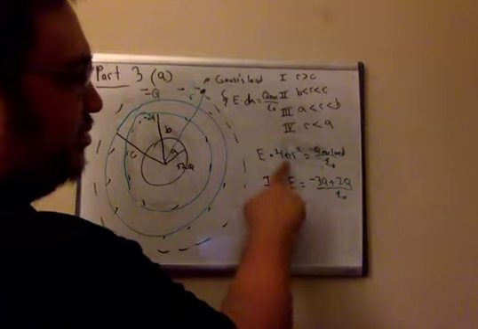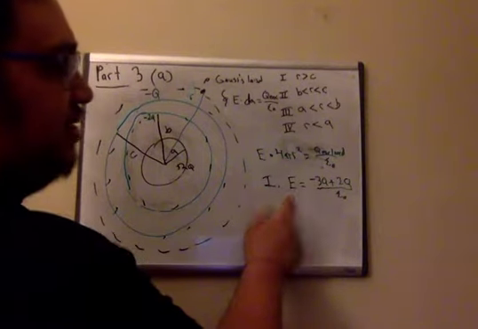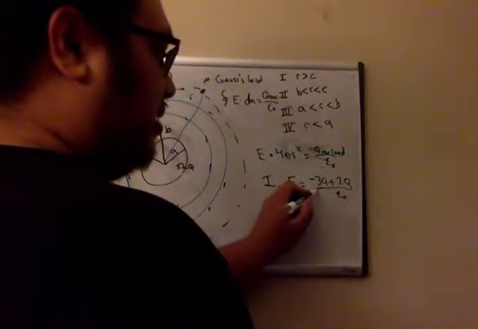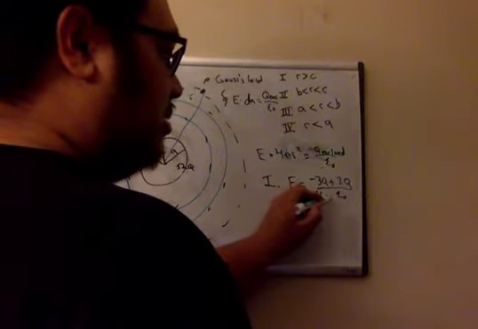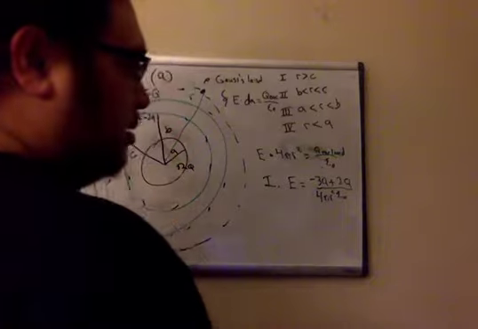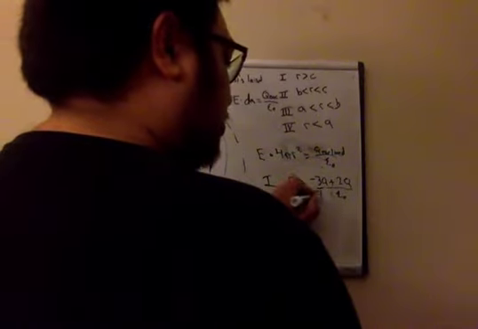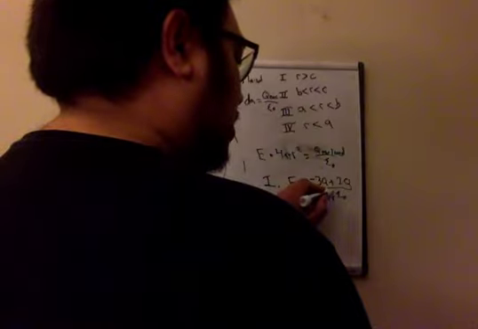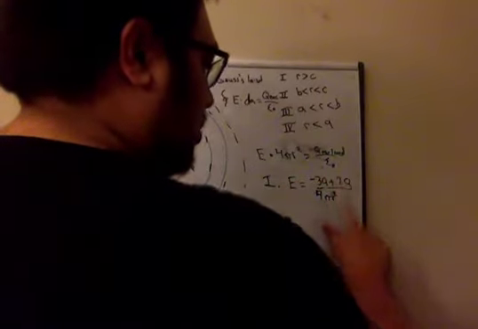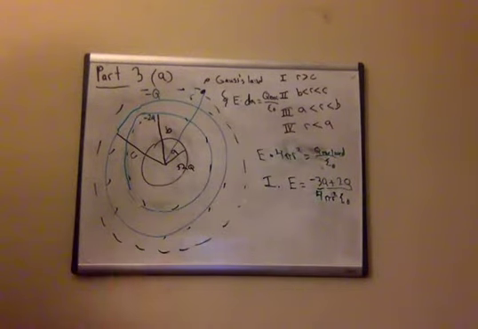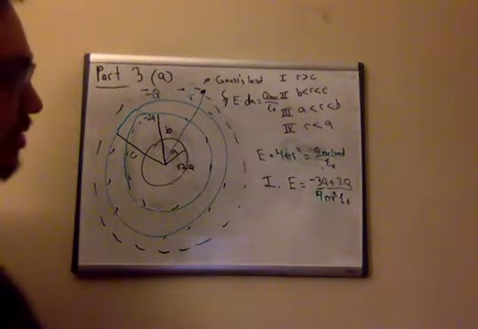And all I did, to get E by itself, is divide by 4 pi r squared. Can you guys read that? I don't know if you can read that.